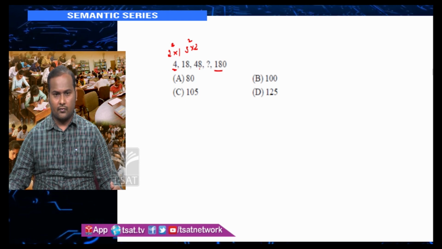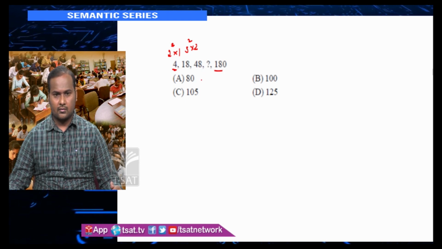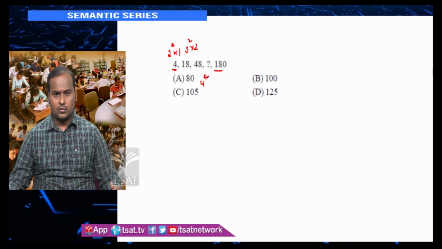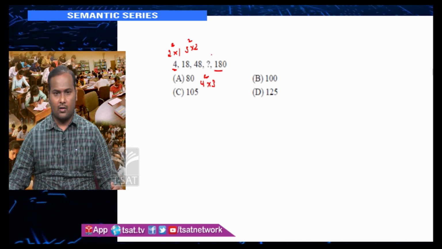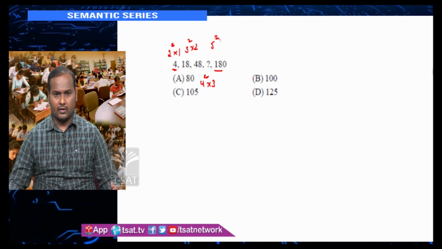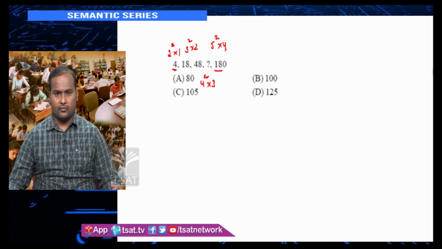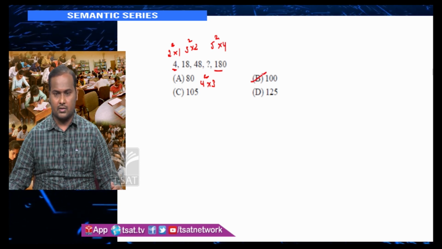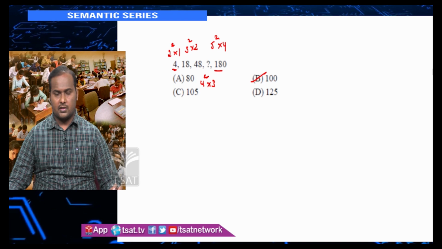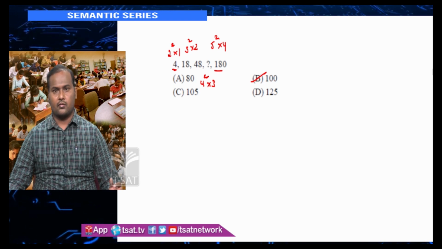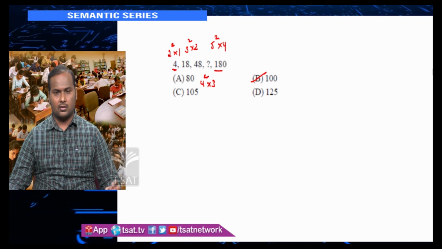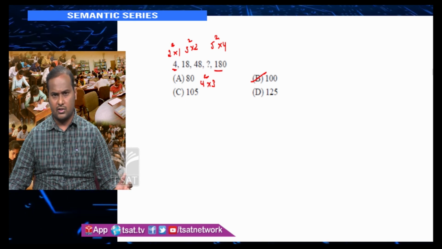The moment you see 48, 48 is 4 square multiplied by 3, that is 16 into 3. Obviously, the answer will be 5 square multiplied by 4, that is 100. So in this case you need to identify the sequence, how it is increasing. Whenever there is a huge jump, some kind of multiplication is involved.